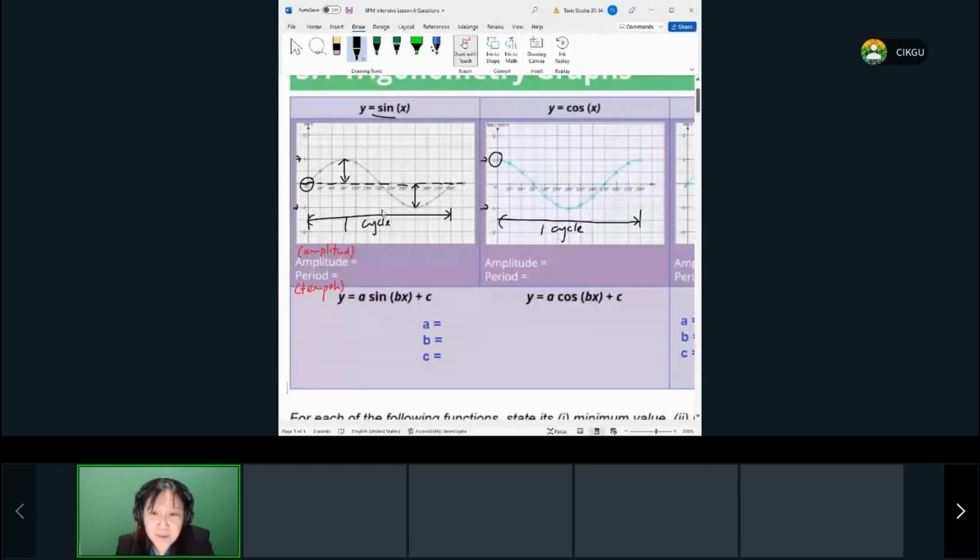I purposely mention this because some students tell me, teacher, the amplitude is from maximum to minimum. That's what they tell me. Wrong, please, not max to min.